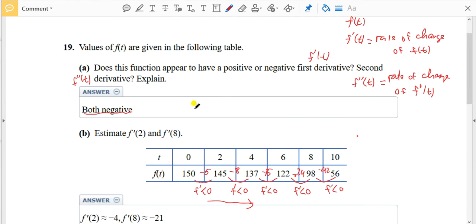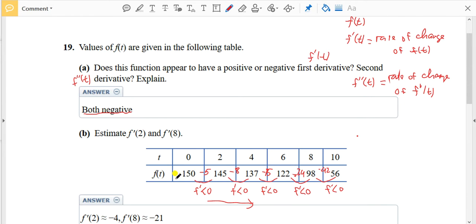Now, for the first question, they give you the table and ask whether the first and the second derivative are positive or negative. Here we can see 150 going to 145 is decreasing.